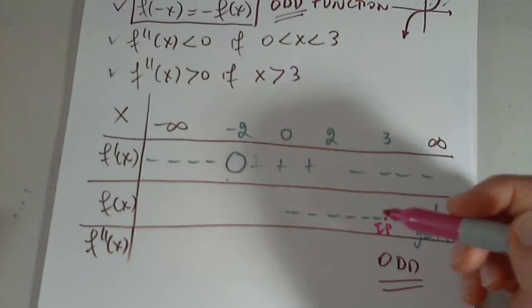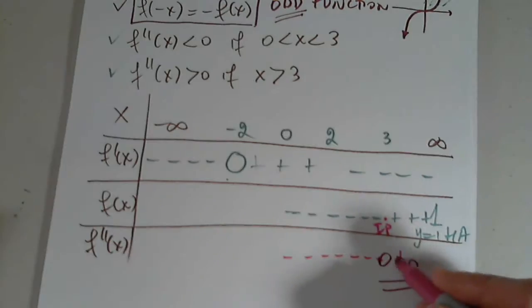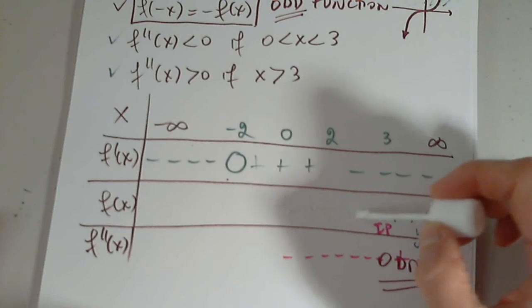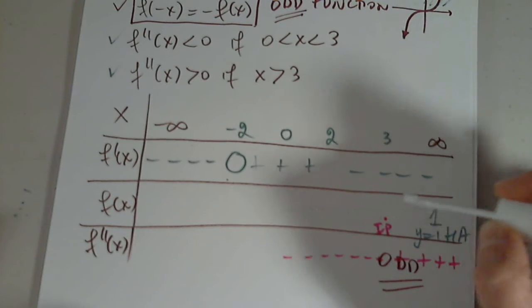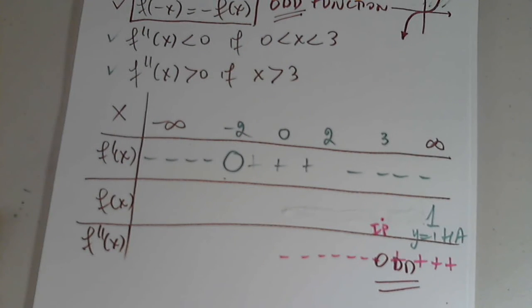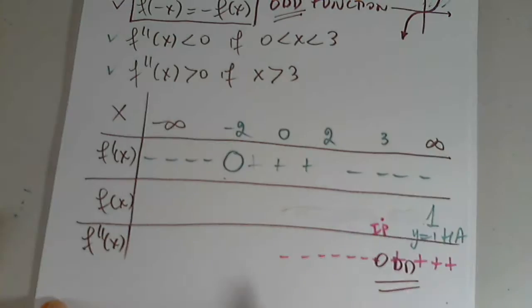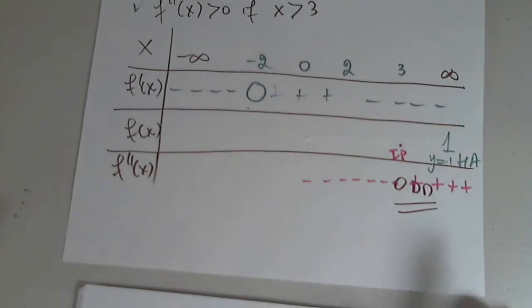Sorry, I put the second derivative sign in the row for the function. Sorry about that. Okay, so then this could be an inflection point. Let's see where this is taking us.